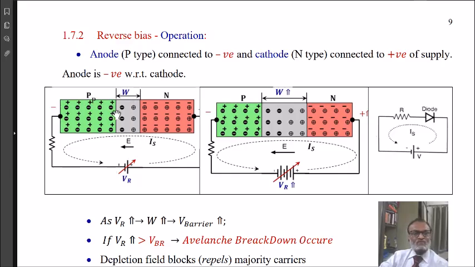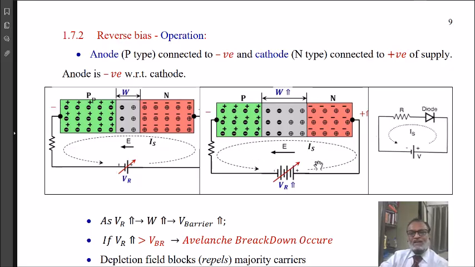Whereas on the P side also, when holes are attracted towards the negative potential, they uncover immobile negative ions around the junction. These immobile positive and negative ions form a depletion region. So if we go on increasing the reverse bias, the width of the depletion region increases. Here it is shown in the figure.